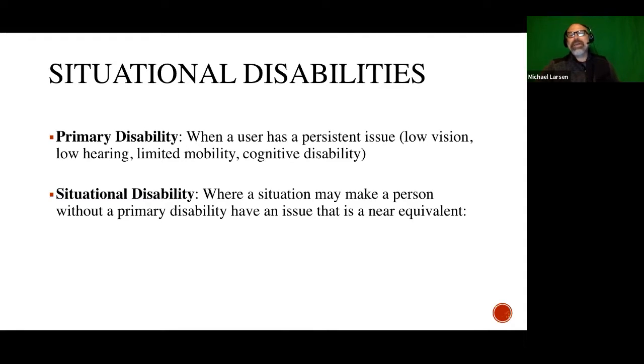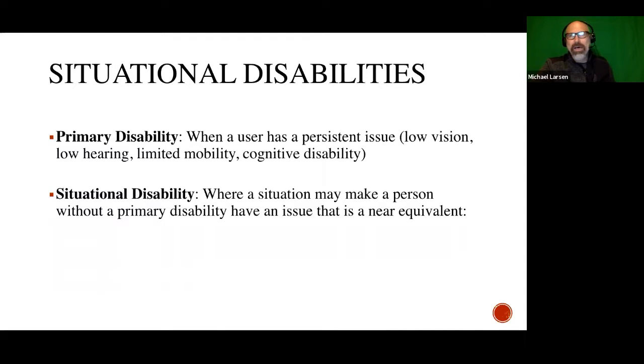One of my favorite examples of this is, let's imagine that you're at a concert, rock concert, you're in the middle of the crowd, 120 decibel sound system is blaring, and you get a phone call. Well, what are you going to do in that moment when you try to answer that call? Do you actually think you're going to be able to hear the person on the other end?